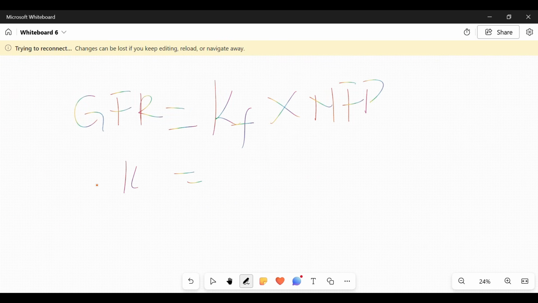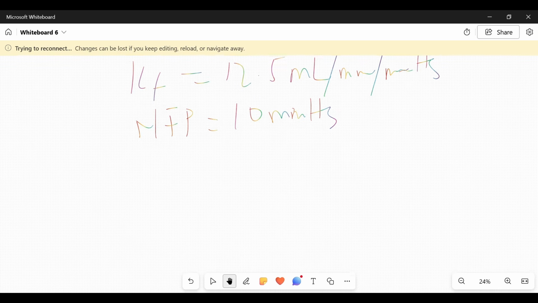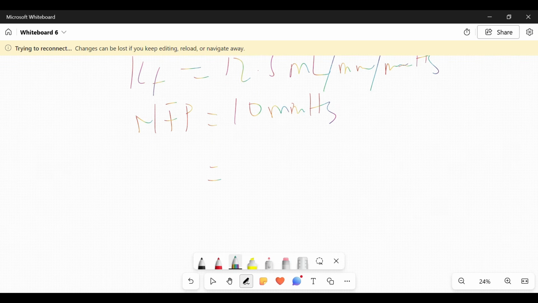So our KF is 12.5 mils per minute per millimeter mercury, and we estimated our net filtration pressure to be 10 millimeter mercury. So therefore, putting all of this together, our glomerular filtration rate is 12.5 times 10 millimeter mercury.